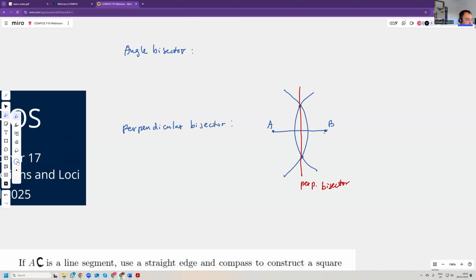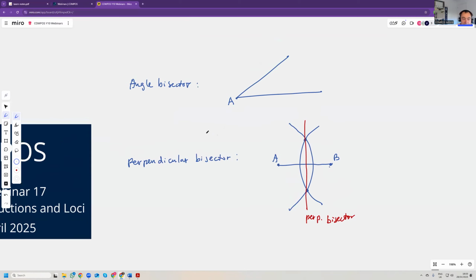The angle bisector: if you have an arbitrary angle A and you want to bisect this angle, you start by drawing a circle at center A, and then you draw two circles with centers at these two points.